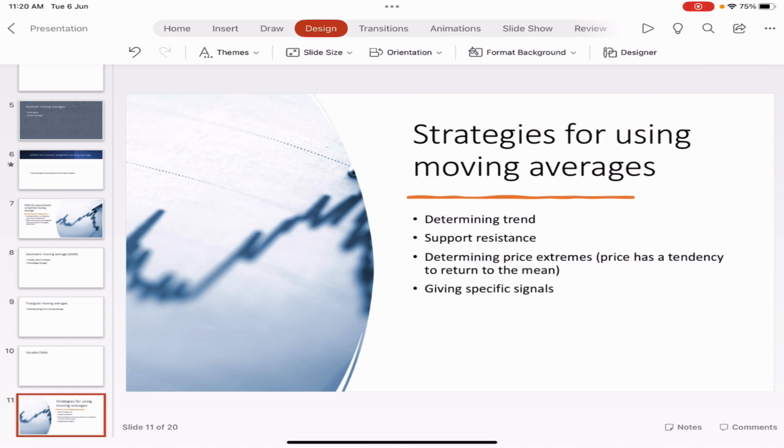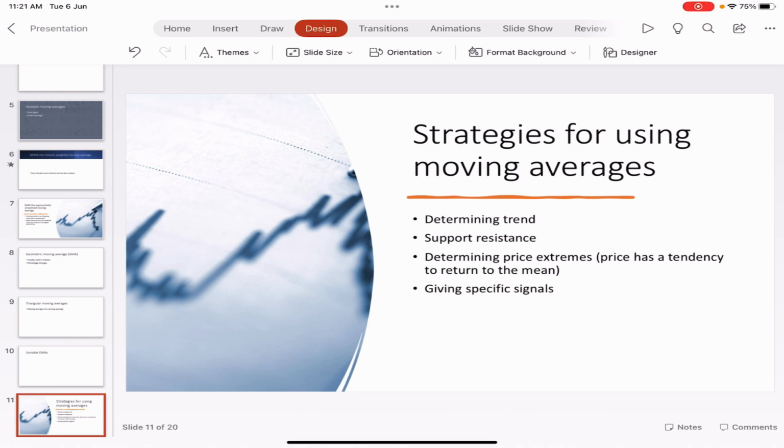So this is a common notion used by many investors, that whenever the price of a stock is above the 200-day moving average, it is considered to be in an uptrend, and whenever the price of a stock is below the 200-day moving average, the stock is considered to be in a downtrend. So this is just one way of determining a trend using a moving average, right?